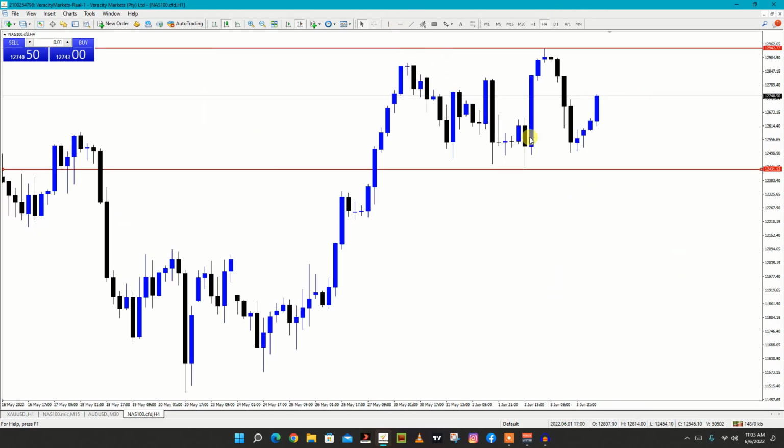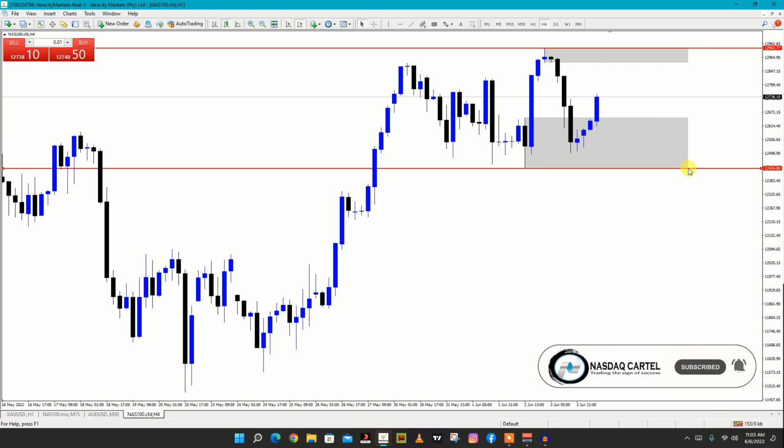On your H4 you refine your current day high and low, and you start looking at the inner structure of your current high and low. You start looking at the order blocks of it, like your POI zones, point of interest zones. So these are your two points, your high and your low point of interest zones.